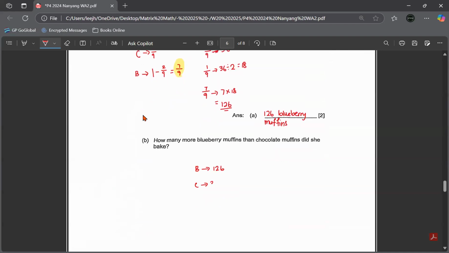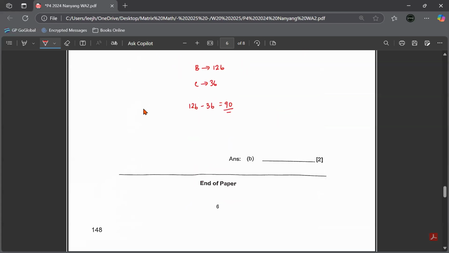I want to find the difference because it says how many more blueberry than chocolate. So 126 minus 36. Your answer is 90 more. You can just write 90 more. That's all. Or if you want to write the whole thing down, you can finalize everything: 90 more blueberry muffins.